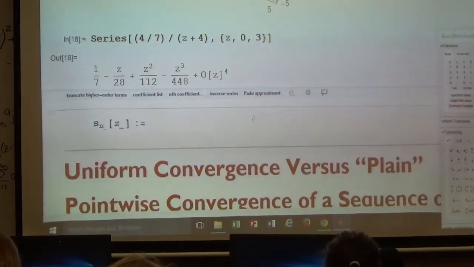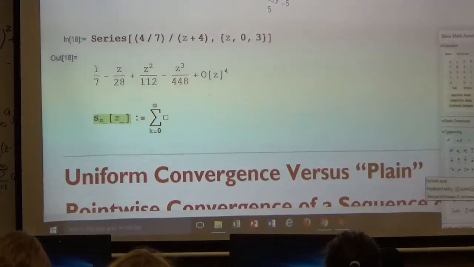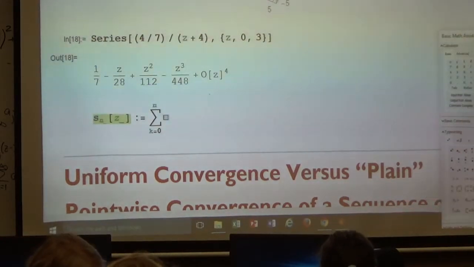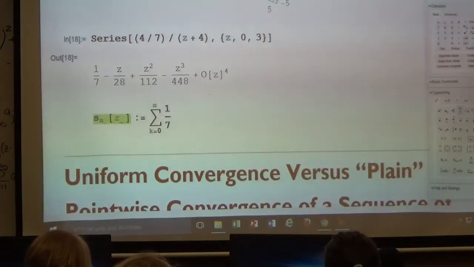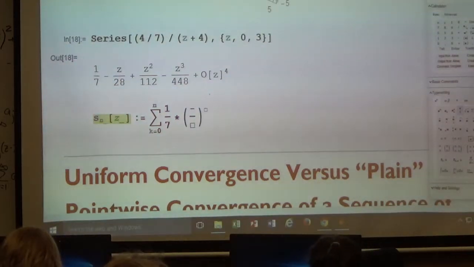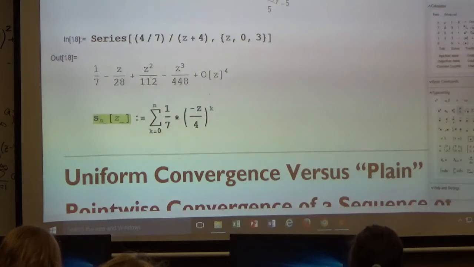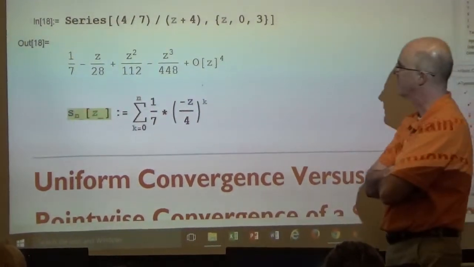So the pattern here, k goes from 0 to n, is what? 1/7 times negative z over 4 to the k. Is that right? When k is 0, it gives you 1/7.